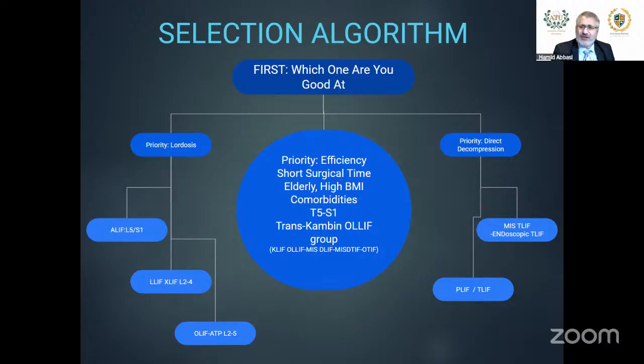Now, if lordosis is your priority, and for some patients it should be, you don't do TLIF or transcambial OLIF. You do OLIF ATP, XLIF, ALIF, where you put a ginormous cage with the lordotic curvature to correct that. If your priority is direct decompression, like literally a piece of bone sticking into the dura or the neural element, then you do have to do a direct decompression.